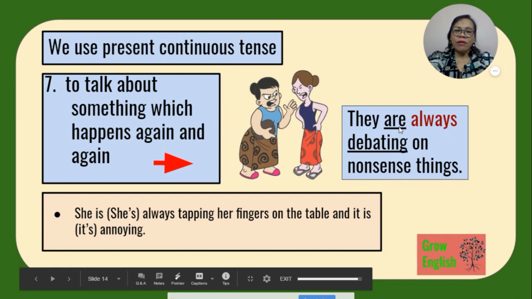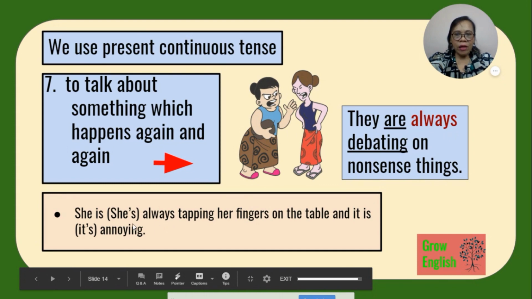We have here the verb phrase are debating, and the adverb of frequency always, because it says here to talk about something which happens again and again. Now another example here is: she's always tapping her fingers on the table, and it's annoying. All right.